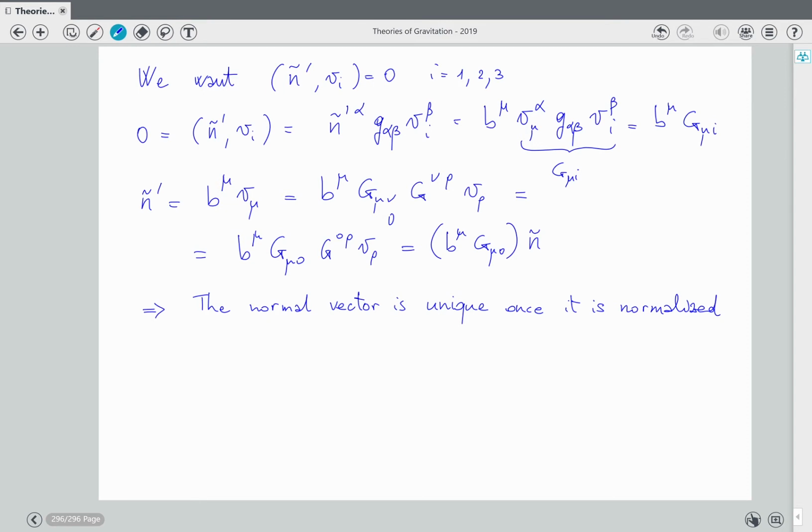Now, here we have three possibilities actually. We'll call it n with no tilde. And we will write n mu, and when we lower the indices by means of the metric, we will write it like that.